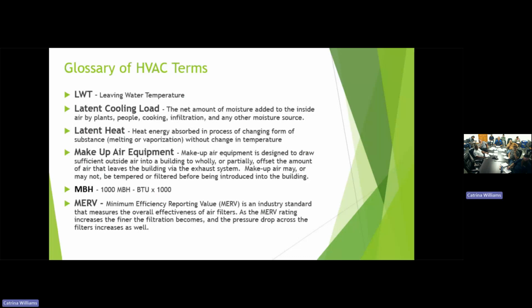Latent heat, now, that's the process of changing the form of the substance. So if you have water and it goes to steam, we change the state of it. And there's a big change in BTU between hot water and steam. On the other extreme, at 32 degrees, there's a change of state between water and ice.